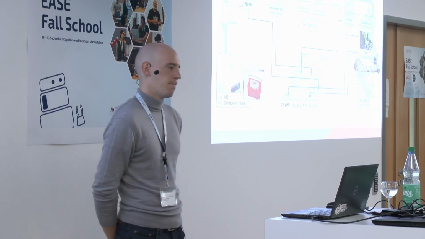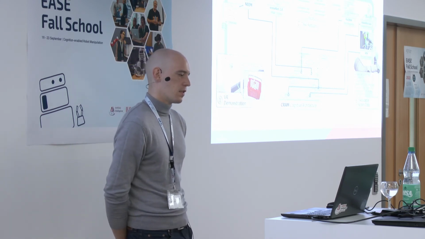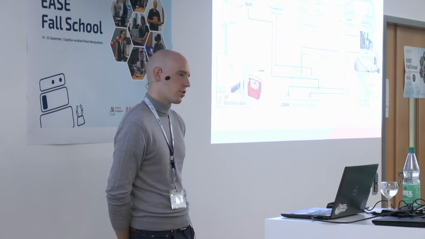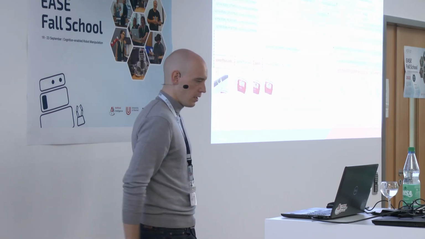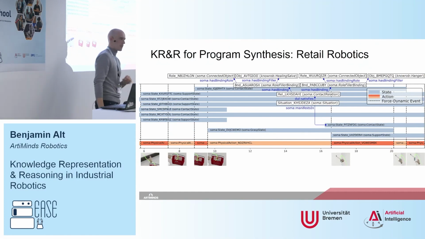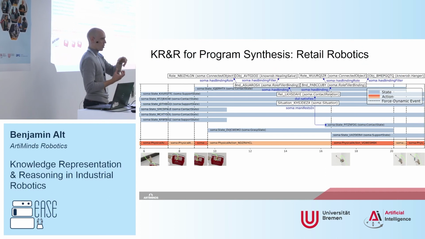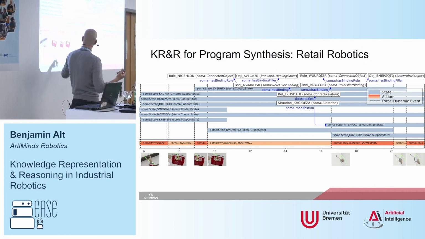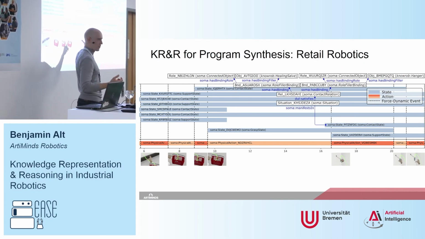And this is a thing that we want to improve in the future. So maybe you see here that this is segmented using force dynamic events. And whenever the set of force dynamic events that currently hold changes, we infer a new anonymous action, which we don't know yet what it is because we infer that later.